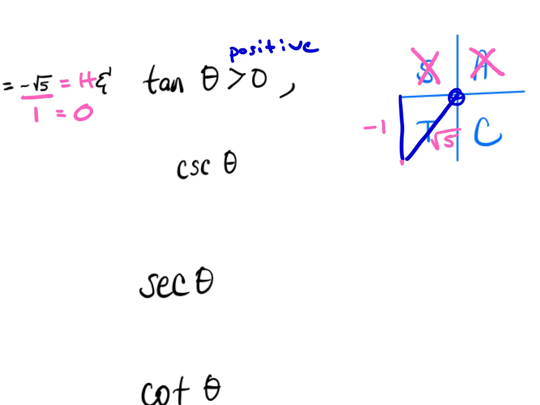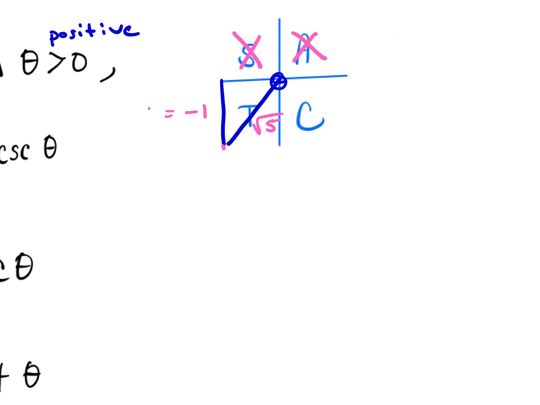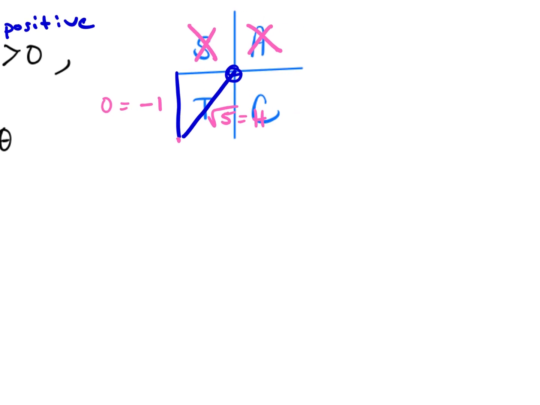How would we find our adjacent? Pythagorean theorem. Be careful. A lot of people on the quiz got messed up here, where they did negative 1 squared plus 5 squared equals the other one squared. But remember, it has to be equal to your hypotenuse squared.